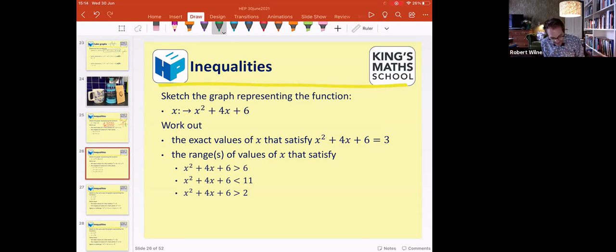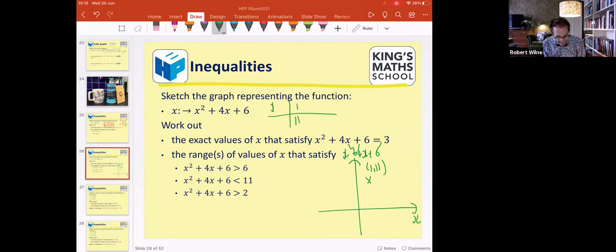If they're thinking that I've got my input value x and my output value x squared plus 4x plus 6, then when x is 1, I get a value of 11. So I plot the point (1, 11), and that tells me that when the input is 1, the output is 11.